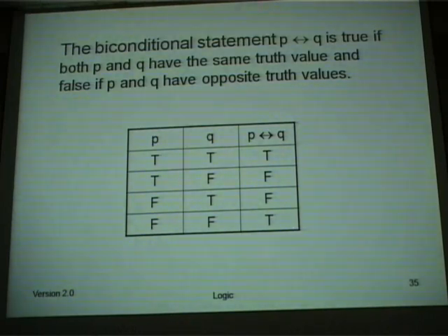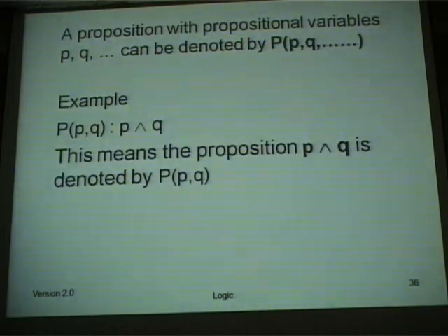So this becomes true only here and here. Keep in mind, the if and only if can be considered as a conjunction of the respective two conditional statements. This is also some kind of a concept, the notation.